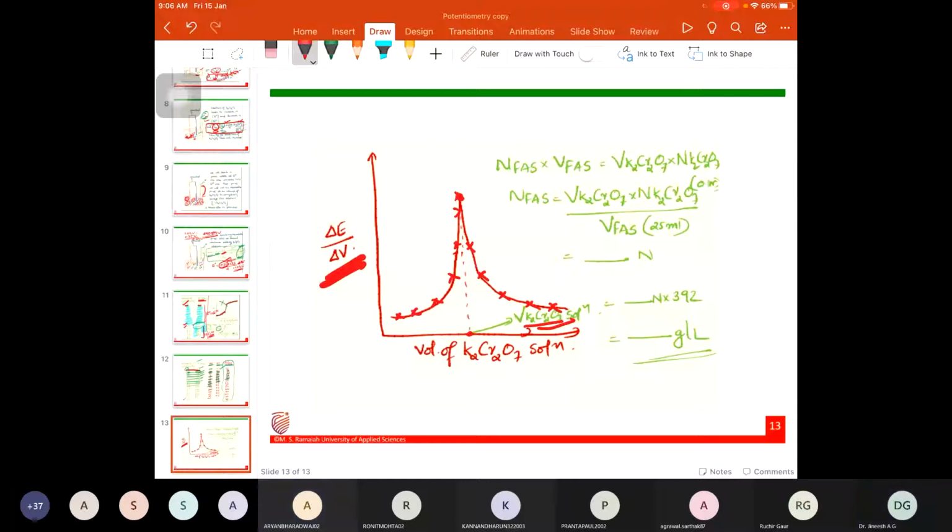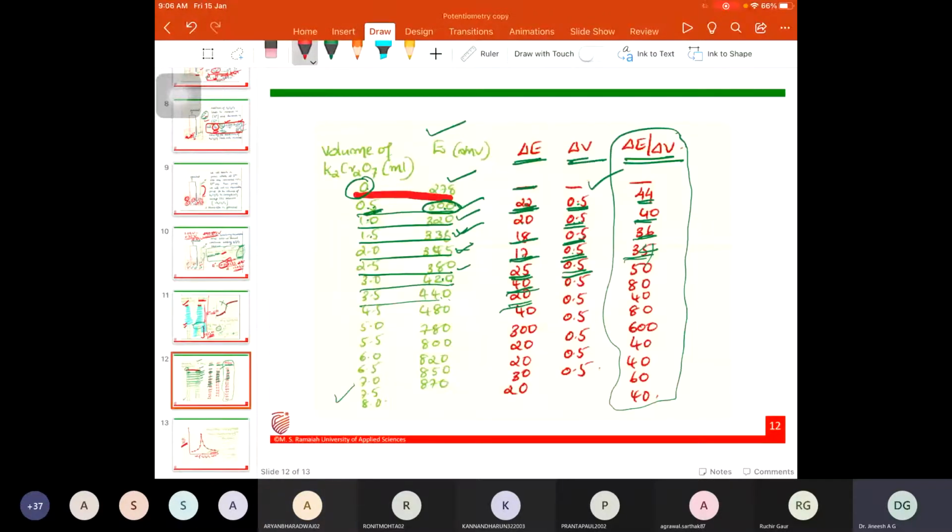Why did you get a peak here? We go back to the values. See, at a particular time, at 300 value, how much did you get? 600, right? That is delta E by delta V. Because of a jump that happens at the equivalence point.